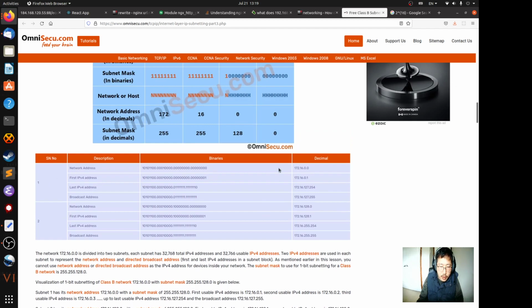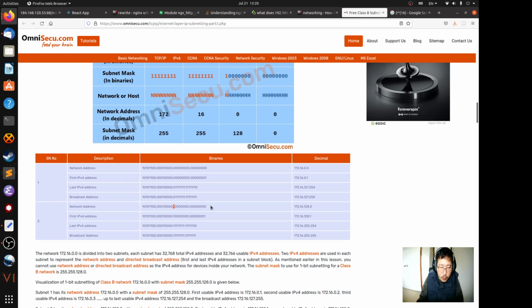So the 172.16.0.0, that's the network address. We have reserved this bit over here for the network. And if you fill in all the other bits as 1, it becomes a broadcast address. And if you turn the borrowed bit to 1, then that designates the second subnet.